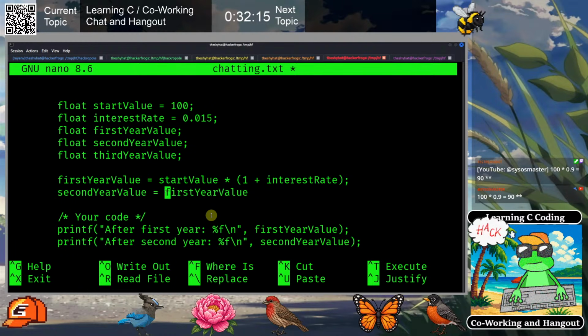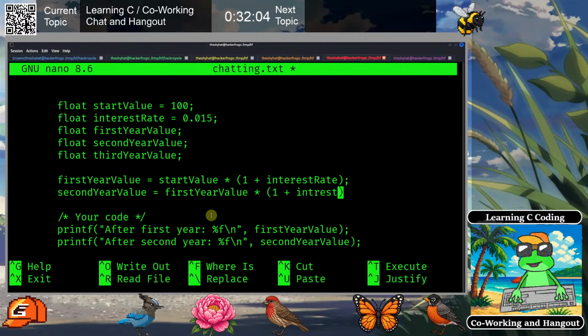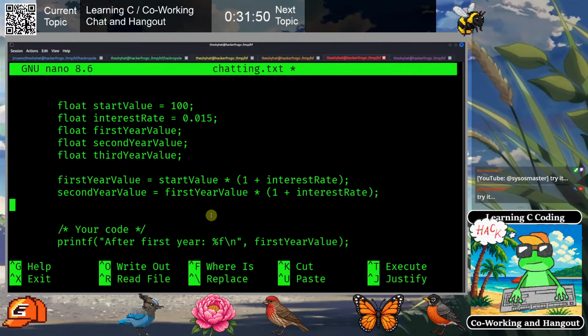And the second year value would be equal to the first year value times the same thing, so 1 plus interest rate. Okay, we can give it a try.